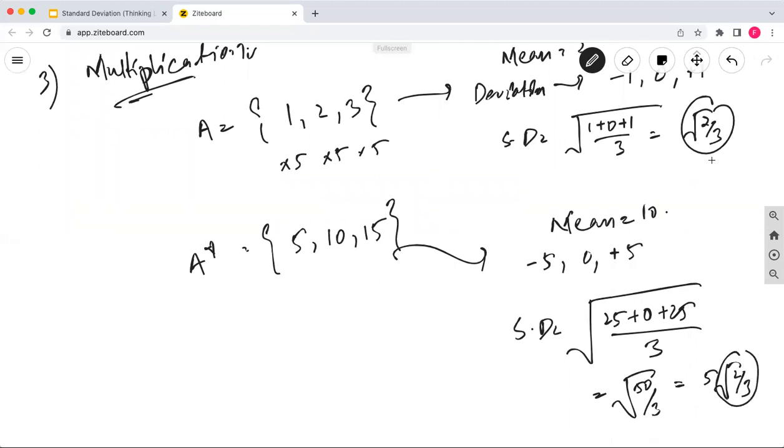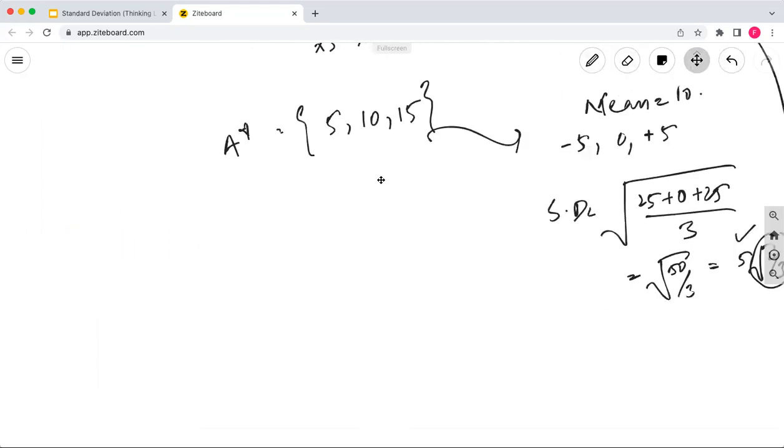This is the same as the above standard deviation, but this value is scaled by 5, or increased by 5 times.